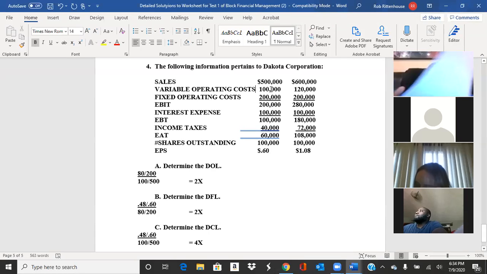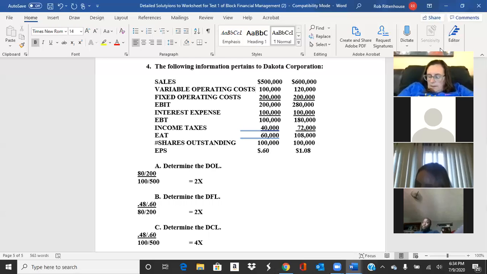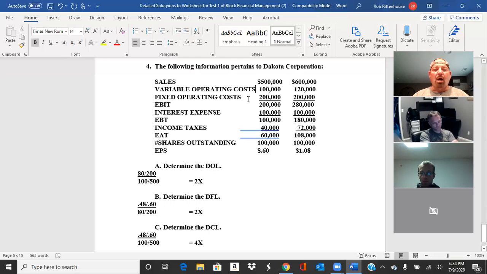So if sales are 600,000, those variable operating costs will equal 20% of that amount, or 120,000. Now, fixed operating costs, remember, are unaffected by sales. They're not going to change just because our sales went up. They're going to stay at $200,000.